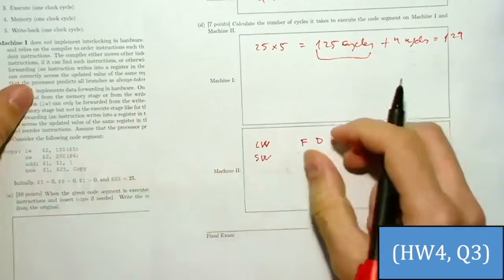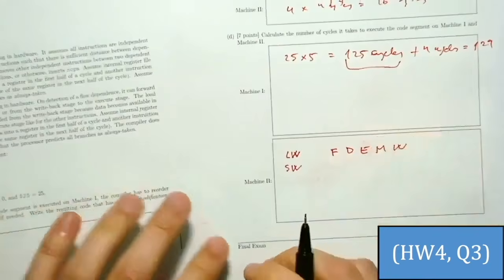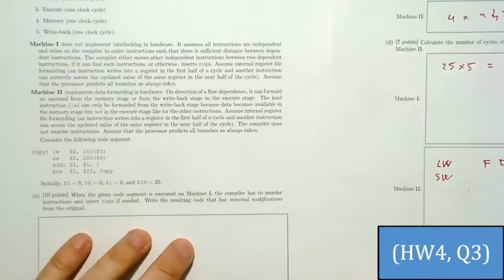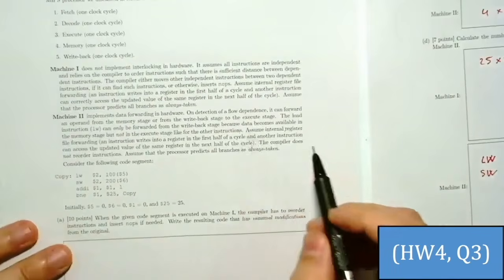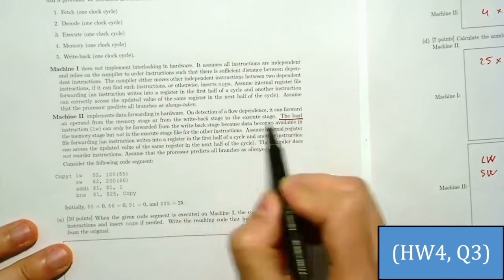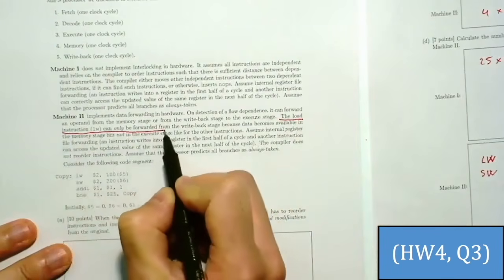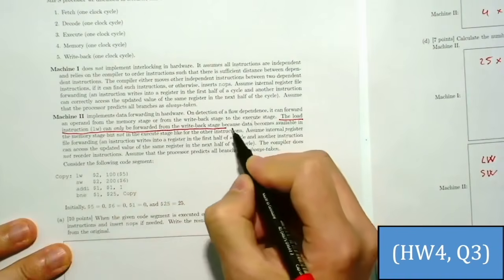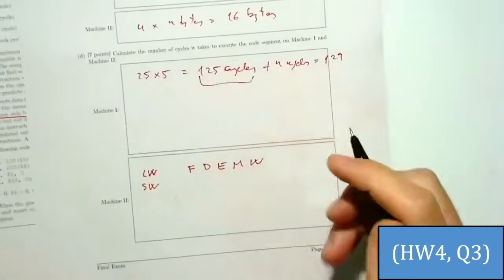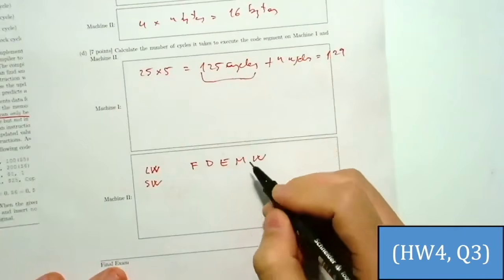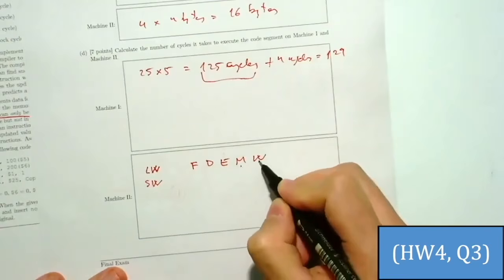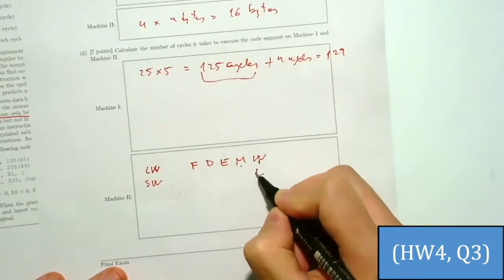So on the store, we've seen the definition of machine 2 that the load instruction can only be forwarded from the write back stage because the data becomes available in the memory stage. So the data becomes available here. So from here, we can forward this data to the execution stage.